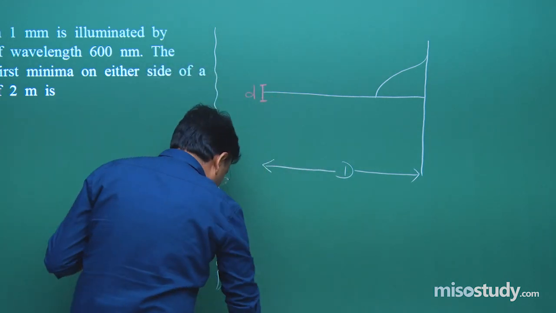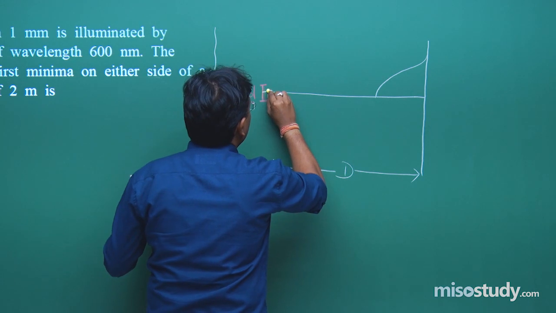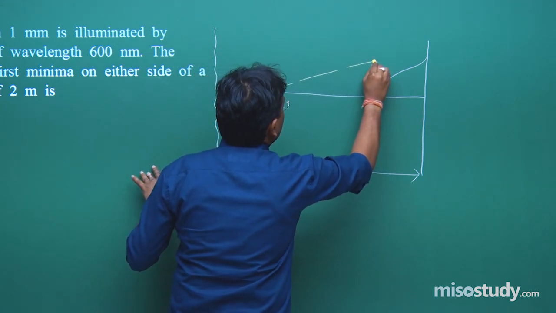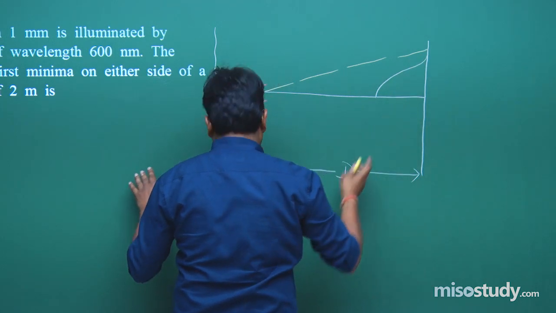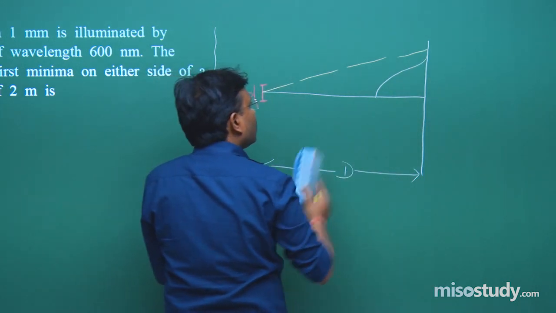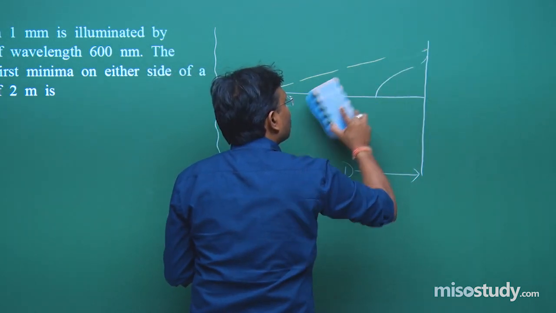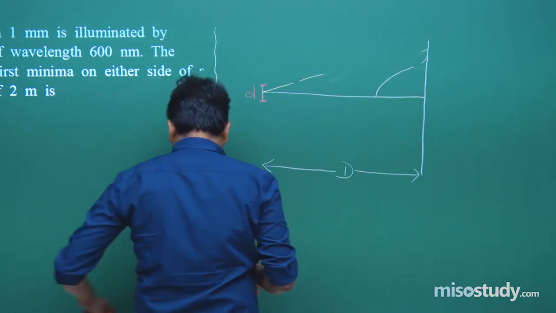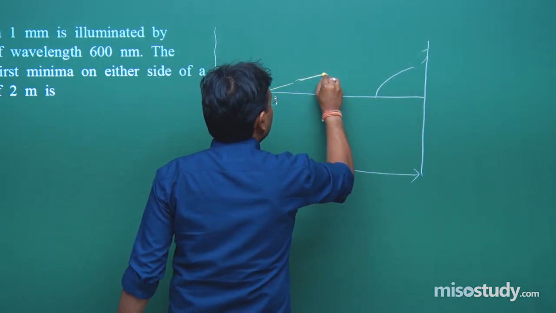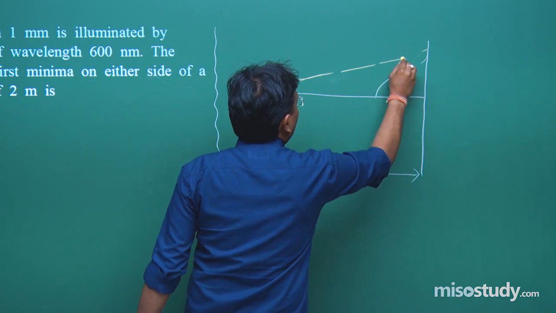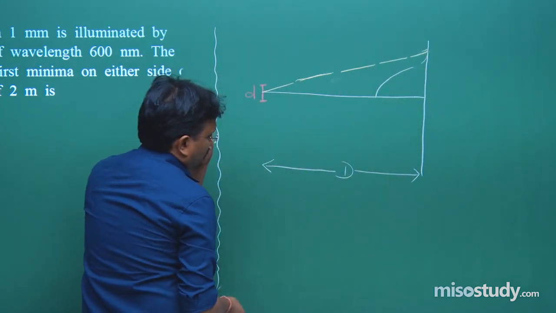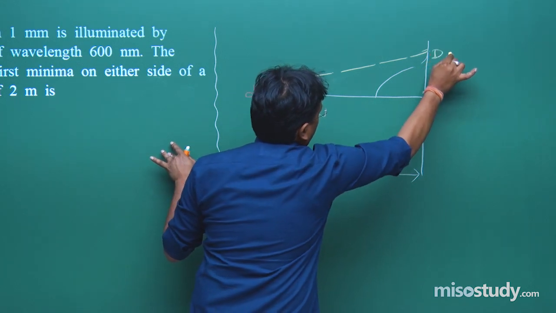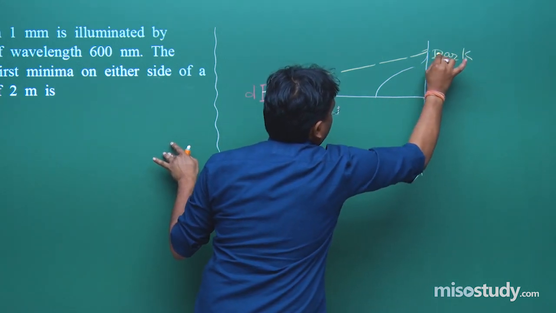And from here just match this point. This is basically what? This is minima point. I think I should make it more clear. Yes, this is the first minima point. Okay, dark point. I should mention it, dark point.